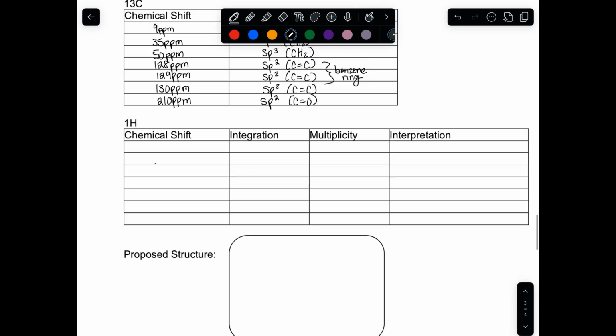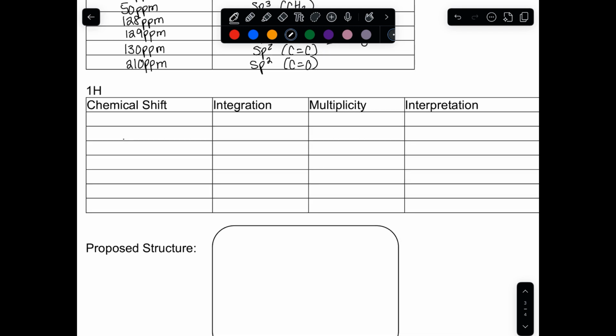So putting that into the table here, we have a chemical shift around 1.0. That's an integration of 3 hydrogens. That's our CH3 group. The multiplicity was a triplet. And this here is a little bit of a partial structure that I drew just for reference, showing that it's the terminal CH3 group.